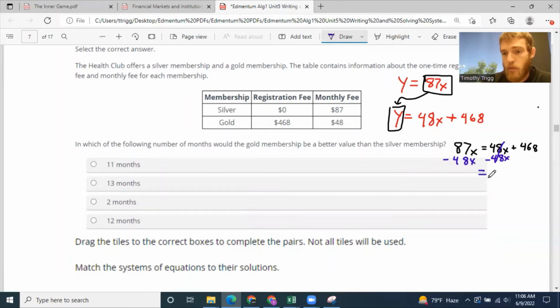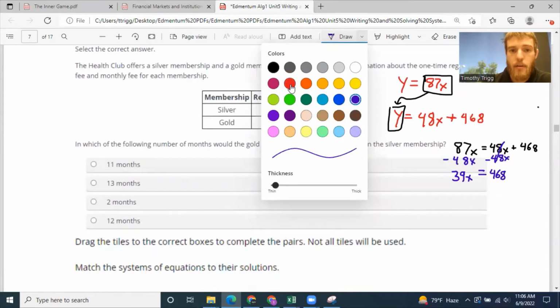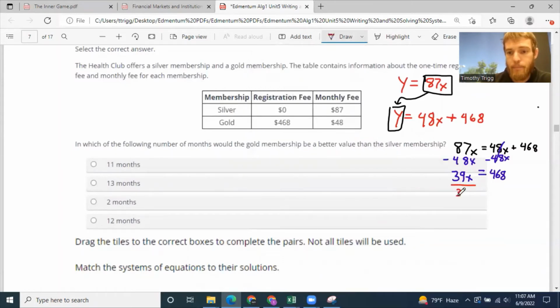We still have 468 there on the right side. What's 87 minus 48? 39x. Now to solve for x, we're going to divide both sides by 39.